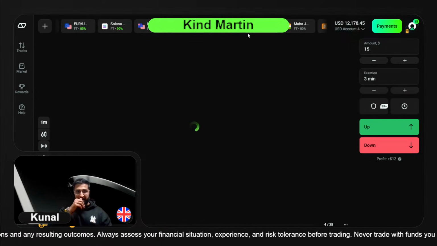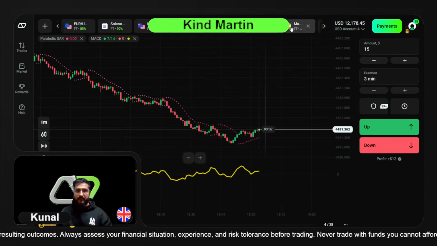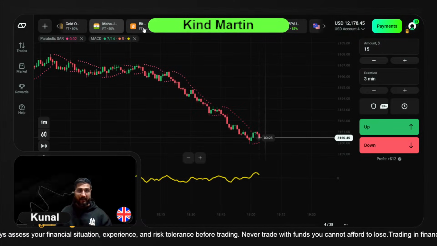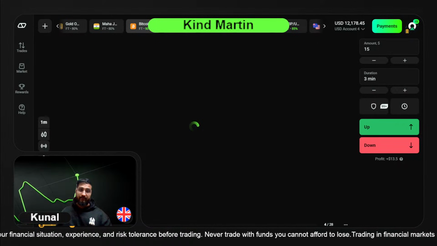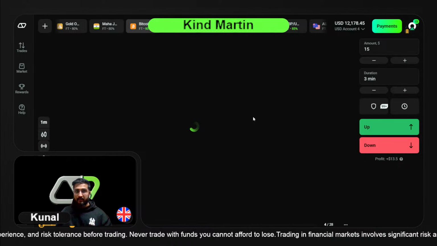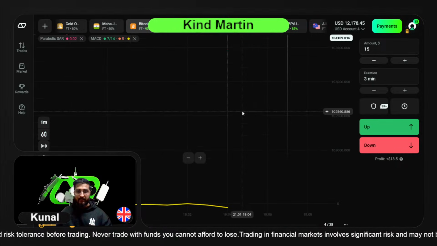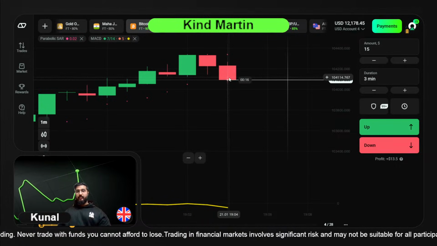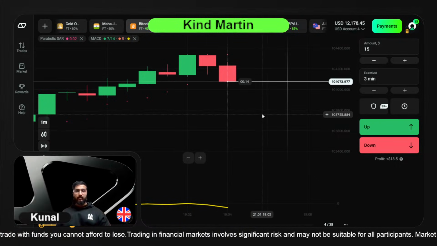Let's see if any asset has a signal, and if any one of you wants to help me, if you are observing a signal on any specific asset, you can drop it in the comment section. I will try to take a trade on that one if it works. Because for that you will get two pieces of information.